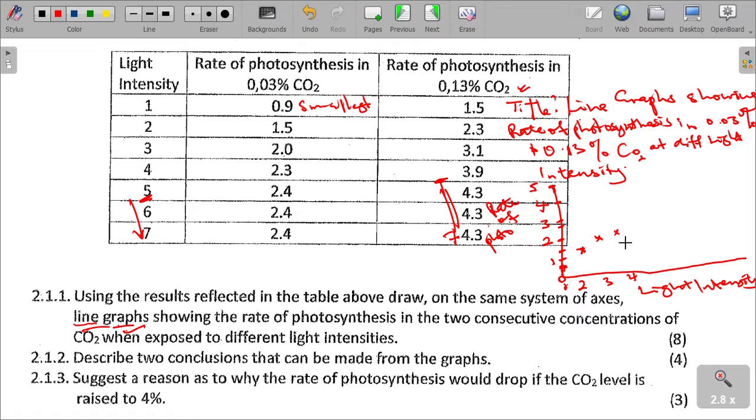And then 5 is 2.4, also a bit up there. 6 is 2.4.